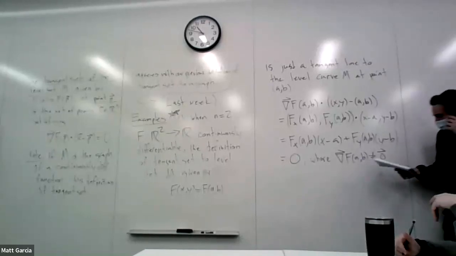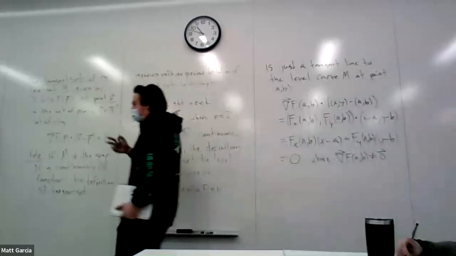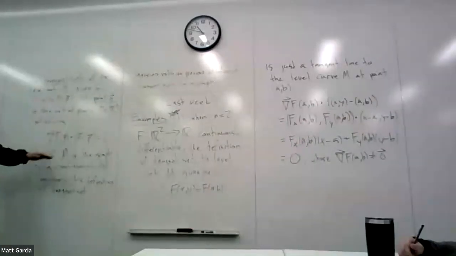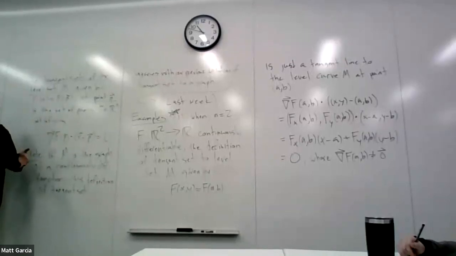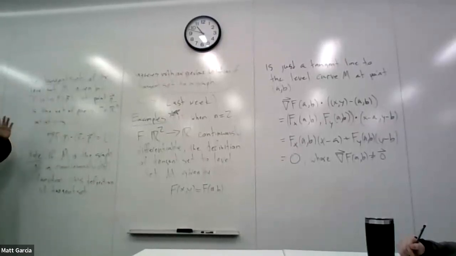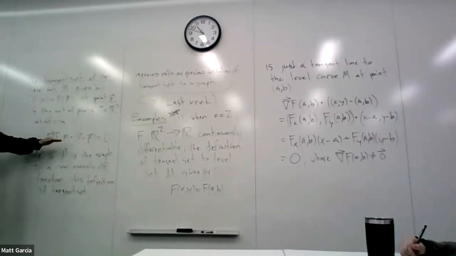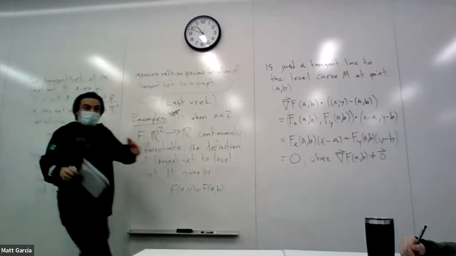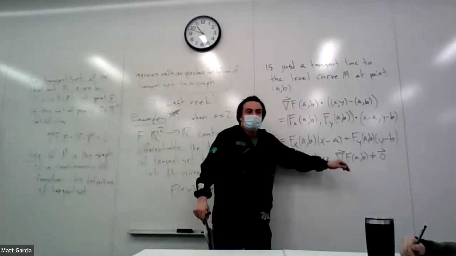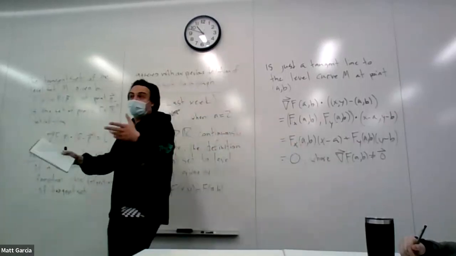Exactly. If we allow the gradient to be 0 at the point we're interested in, this gives us no information. Taking this dot product, if the gradient is 0, tells us nothing about the vectors that are tangent to the level set. So exactly as you were saying, we just insist that the gradient not be 0 at the point we're interested in.